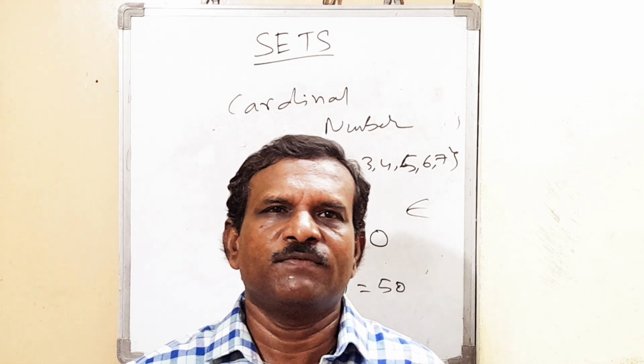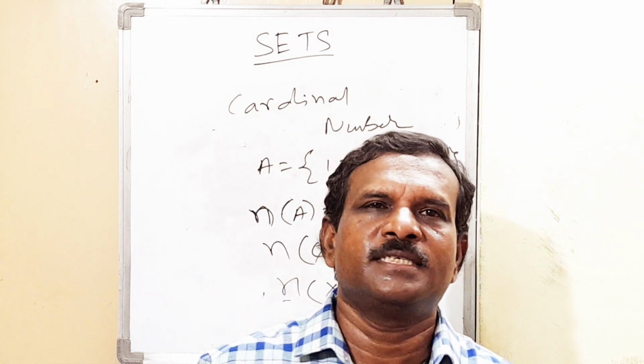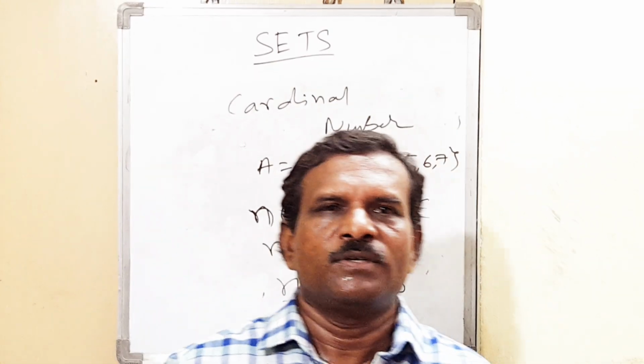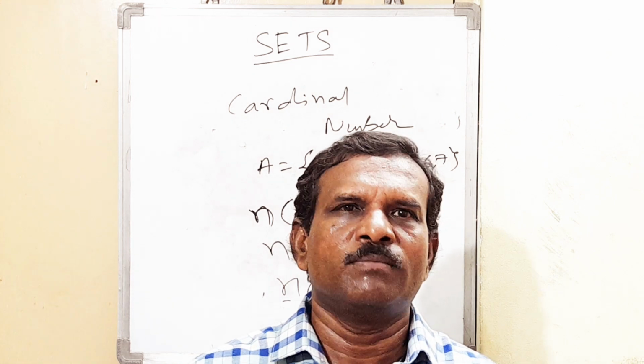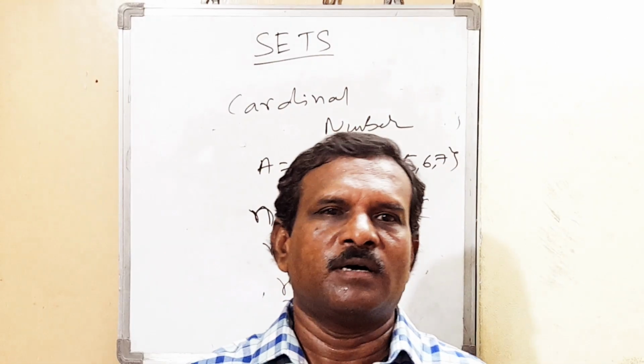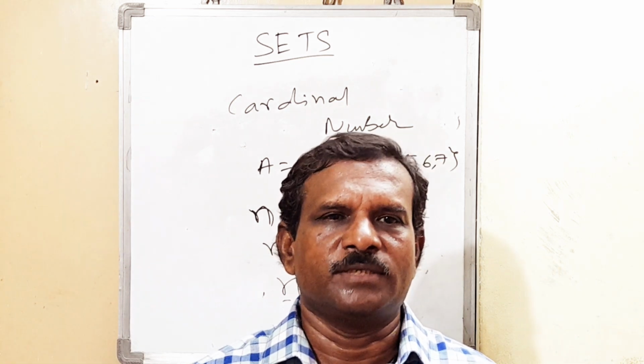And types of sets: the null set means the set which has no elements, denoted by phi. The universal set is, if you take some particular issue, the set which contains all the sets related to that issue as subsets.